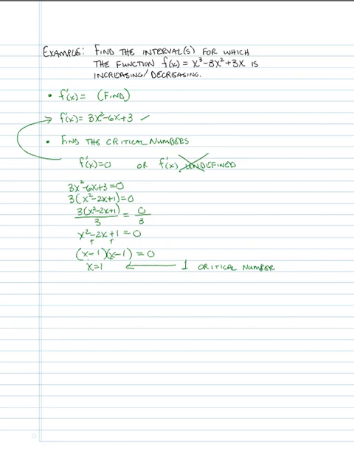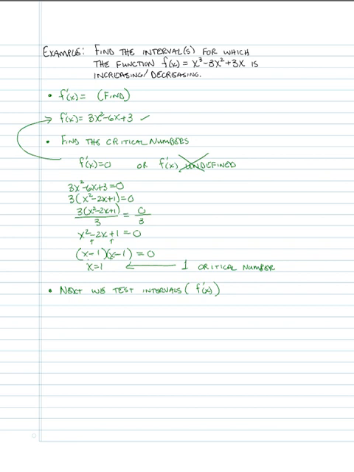So if it's ever going to change directions, it changes when x is 1, and it can only do that one time. So our next job, or the next part of this, is that we test intervals that this x equal 1 creates. Test intervals, and when I say test, we're testing the positiveness or negativeness of the derivative.